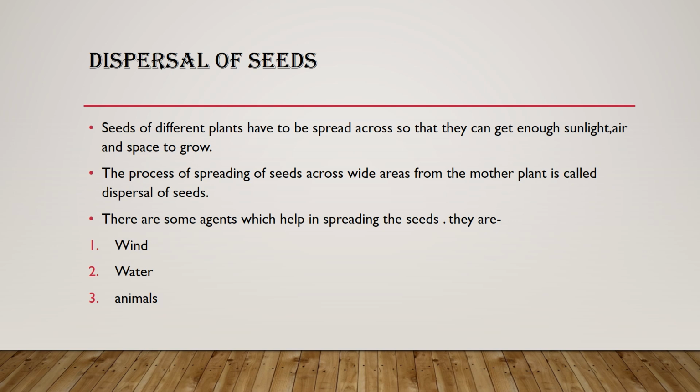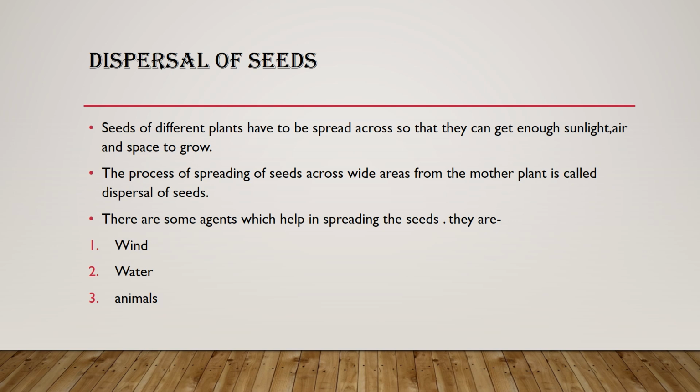Now, dispersal of seeds. What is dispersal of seeds? First we have to understand that seeds of different plants have to spread across so that they can get enough sunlight, air, and space to grow. Why is it needed?